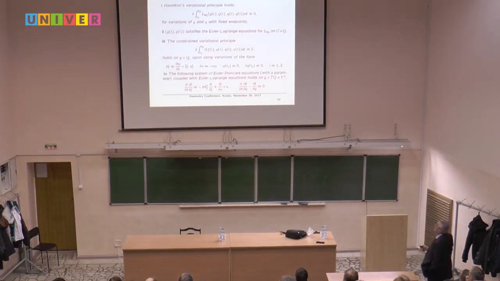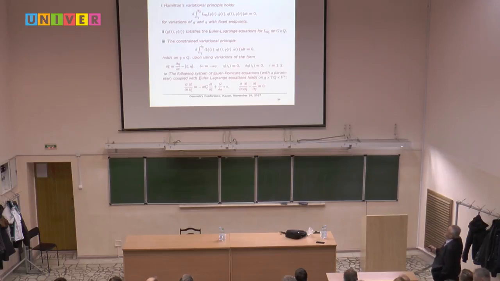It holds on G cross Q upon using variations of what form? The delta xi has to be of this form. There must be some curve eta such that delta xi is d eta dt minus the bracket of xi and eta. Delta A is equal to minus A eta. Eta vanishes at the endpoints and delta q vanishes at the endpoints. I come back to this in a second.